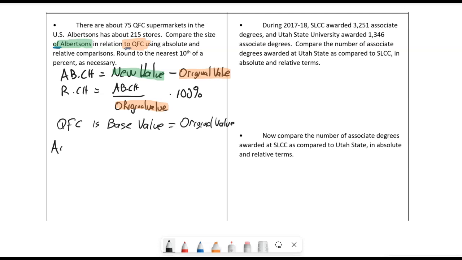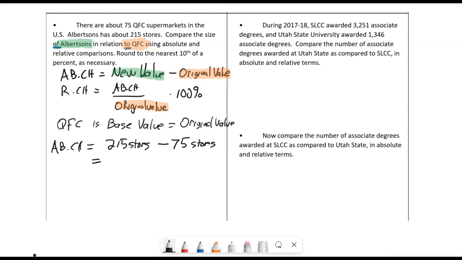So for this problem, the absolute change: the new value, how many Albertsons are there? 215 stores. Minus the original value, the base value, the QFCs, 75 stores.